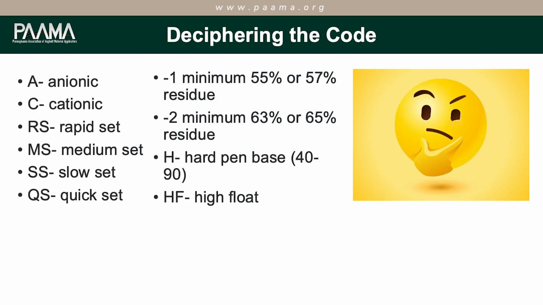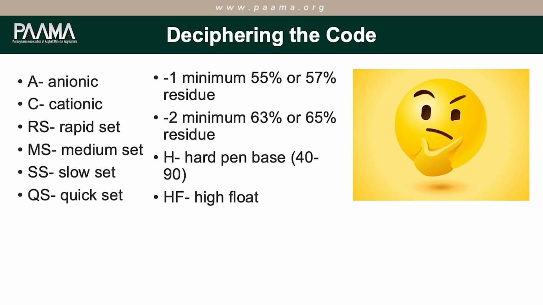Deciphering the code here. I have A for anionic, but in many cases, if you're looking at these types of emulsions, there won't be an A. It'll just be the absence of a C that designates anionics. C is always cationic. RS is rapid set, MS medium set, SS slow set, QS quick set.